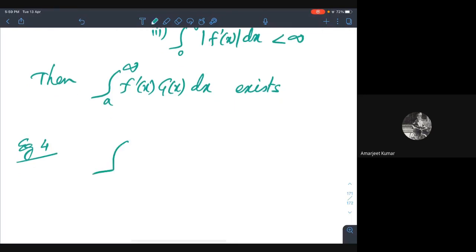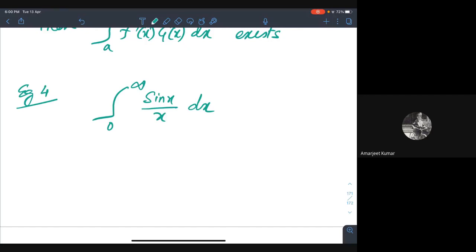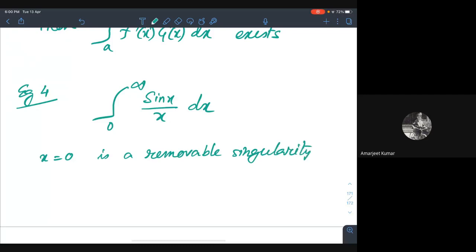Now I wanted to give this example: the integral of sin x by x dx. As x tends to 0, sin x by x tends to 1, as you know already. So x equal to 0 is a removable singularity for the function sin x by x.